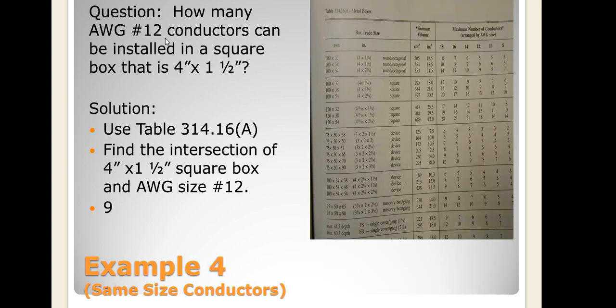How many number 12 conductors can be installed in a square box that is 4 by 1 1/2? You find that square box, 4 by 1 1/2, and you go to the column 12, and you find that 9 could fit in it.